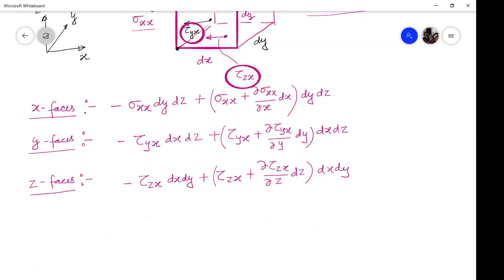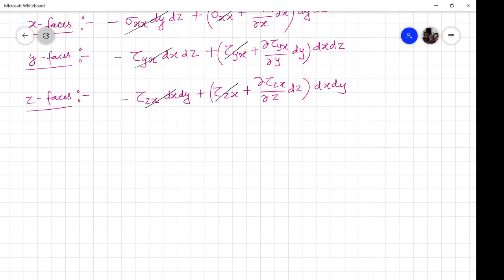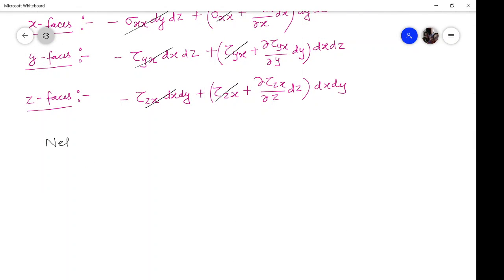So if you look carefully, what is happening here, this dx dy dz and dx dy dz will cancel out, likewise these and these.